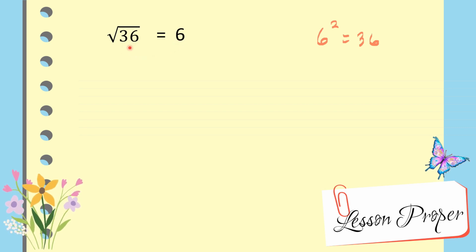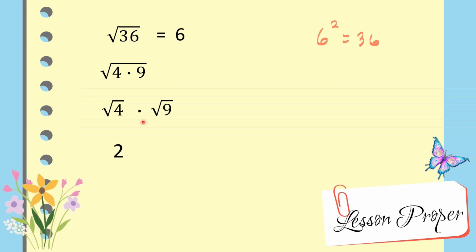But the square root of 36 can also be written as the square root of 4 times 9. 4 times 9 is 36. And the square root of 4 times 9 can be written as the square root of 4 times the square root of 9.